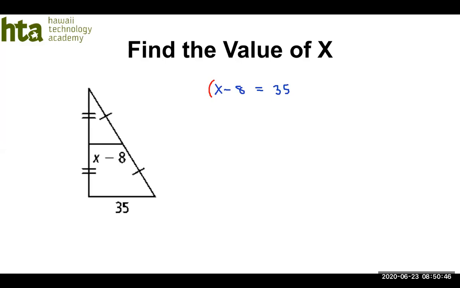Make sure you know which one is the mid-segment, and double the entire value. So I distribute the 2 into both the x and the 8. This gives me 2x minus 16 equals 35. Now I can solve for x by adding 16 and dividing by 2. Another decimal. Oh no, not a nice clean number.